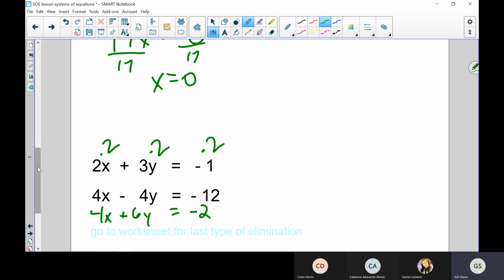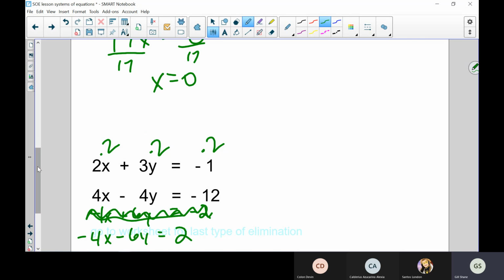But do I have the opposite sign? I do have a 4 now, but do I have the opposite sign on that x term? No. So now I need to do one more change and flip the sign. Now I have exactly what I want and I can solve vertically.